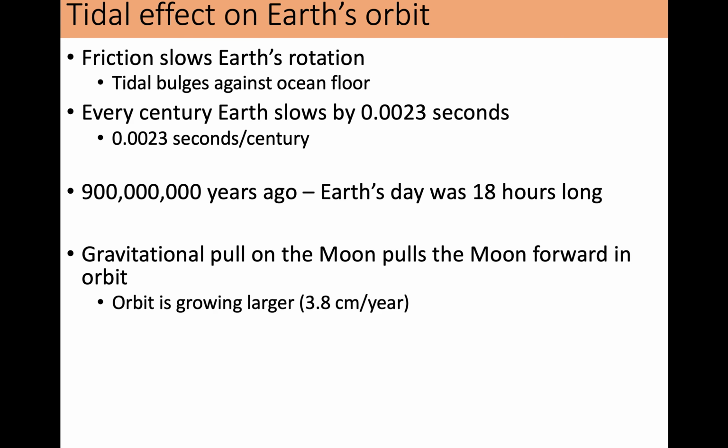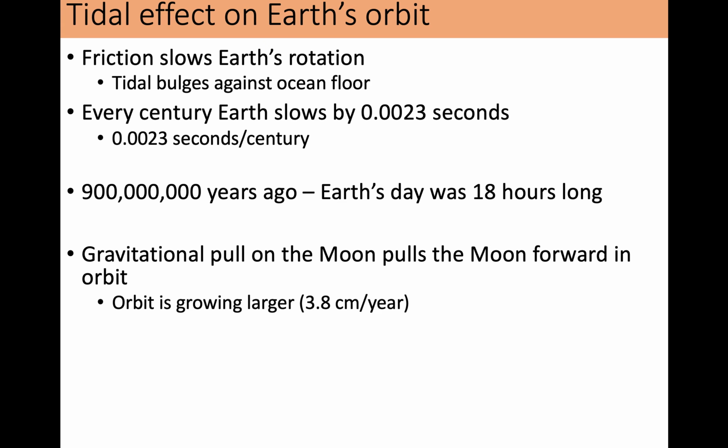So it's actually the gravitational pull of the moon that is causing the bulges that then cause the Earth to slow down. And the gravitational pull is also actually pulling the moon forward in its orbit.